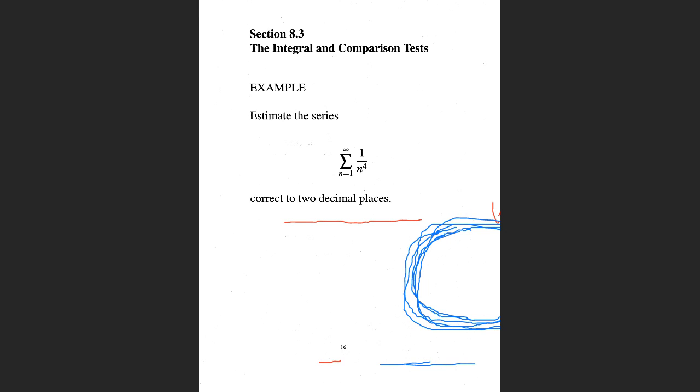Okay. So what we're going to use to help us is the remainder estimate for the integral test. First of all, I want to note that the function 1 over x to the 4th, which corresponds to the series of 1 over n to the 4th, is continuous, positive and decreasing.